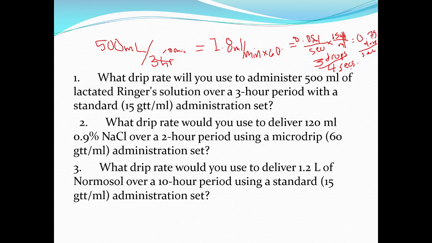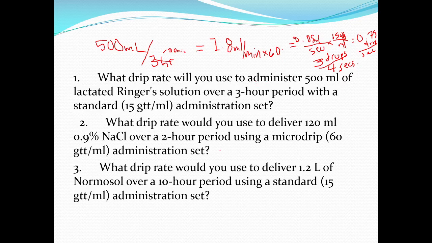It's almost a full drop a second, but not quite. So we need to remember how to take it from mils per hour to mils per second, and then from mils to drops per second. Okay, so that's the drip rate.